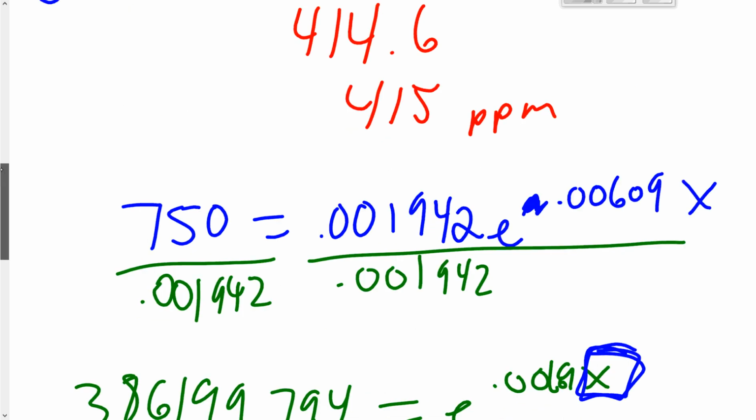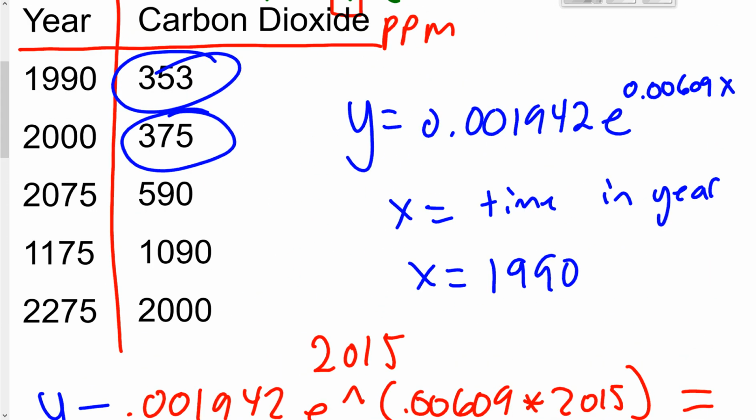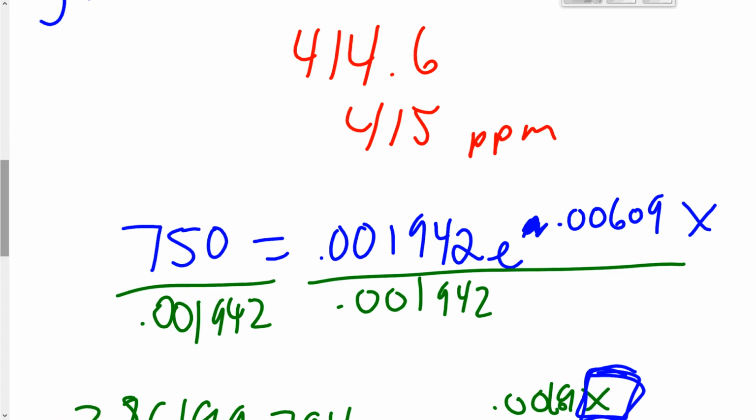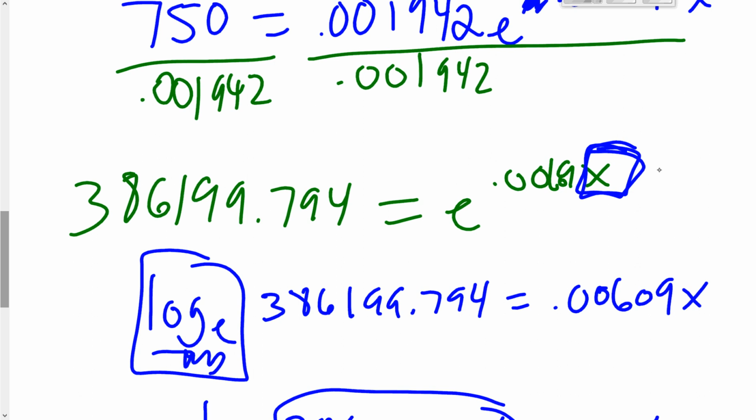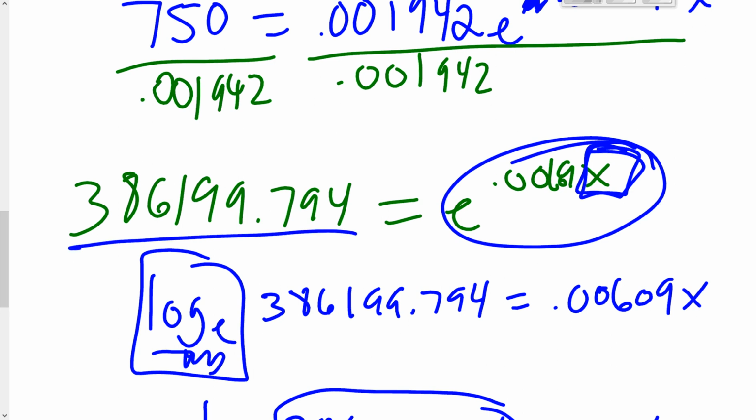You could look at the table and say, okay, double is 750. It's somewhere in between, so you can start estimating, maybe about half of this 100 years. You could start plugging in x into this equation and see what gets you closer and closer to that number.